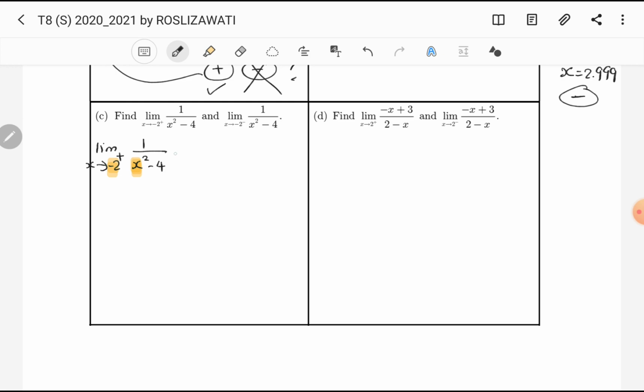Next, awak akan dapat 1 over 0. Oh, 1 over 0 is infinity. Okay. Jangan lupa masukkan dalam calculator. Apa dia? 1 over x squared minus 4. Ni masuk dalam calculator. Next, awak kena tekan calculate x equal to.